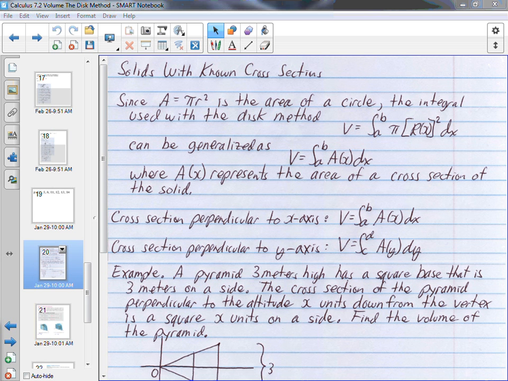Okay? So in other words, what we've been doing is actually a special type of finding a solid with known cross section. But in my mind, it makes more sense to go in the order we did, which the book does, and every book I've ever used does, because sometimes we do things this way.